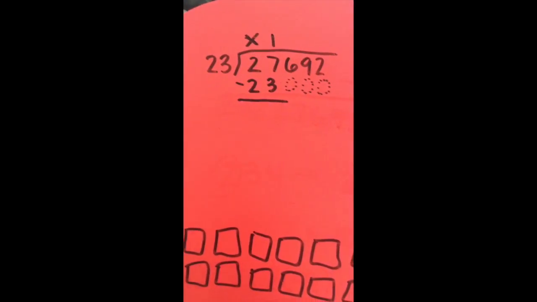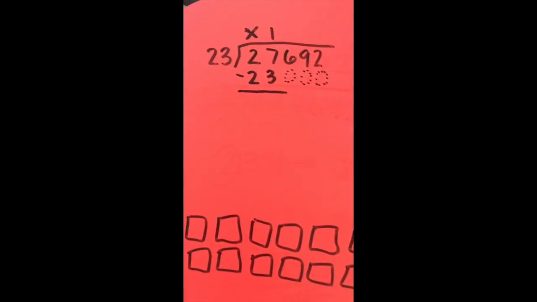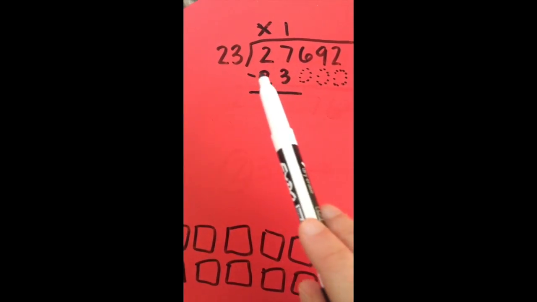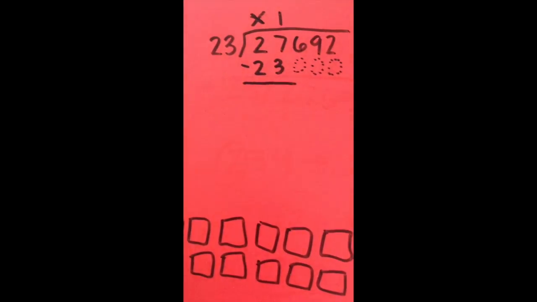I'm not just saying 27,692 minus 23, right? Because that would give us a significantly different number. I am doing 27,692 minus 23,000. So we'll just add the zeros there for now.